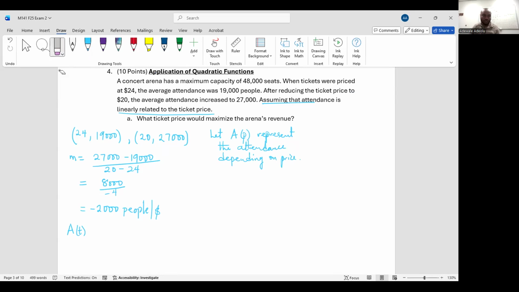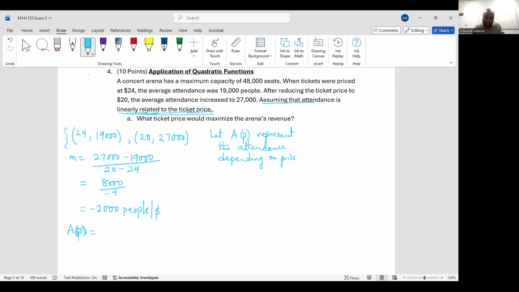So A of P, I will use P, not T, since it doesn't depend on time, it depends on price. Remember we were told that the attendance is linearly related to the price, so that is how I know it depends on price.